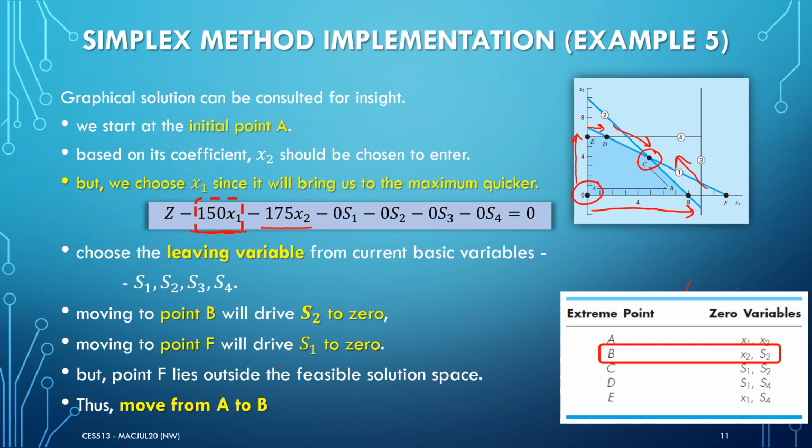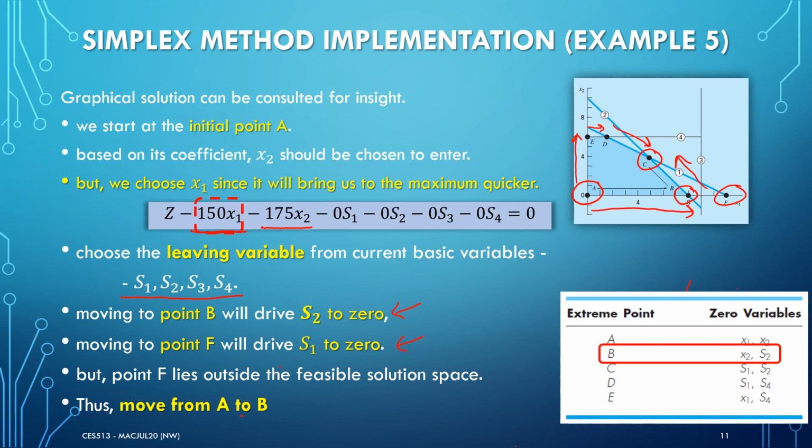Next, we must choose the leaving variable from among the current basic variables, which are S1, S2, S3, and S4. Graphically, we can see that there are two possibilities: moving to point B will drive S2 to 0, whereas moving to point F will drive S1 to 0.